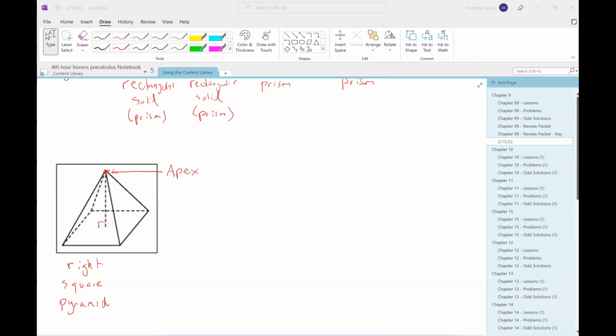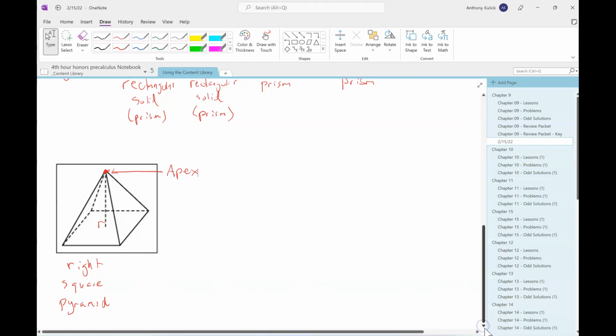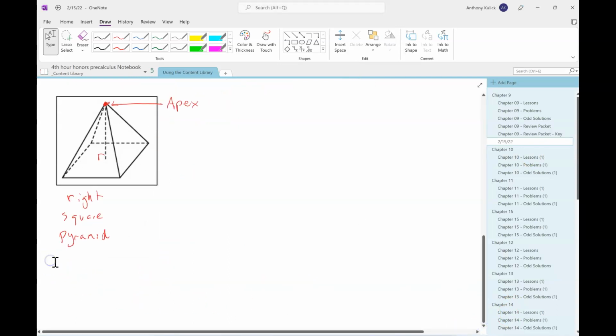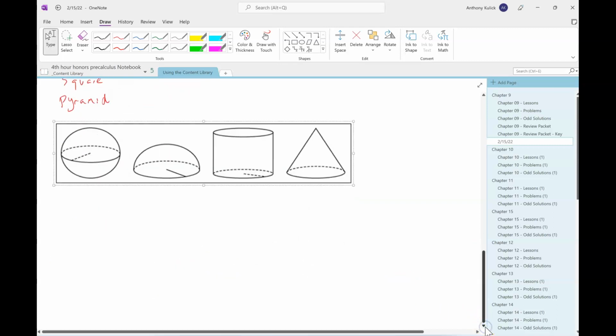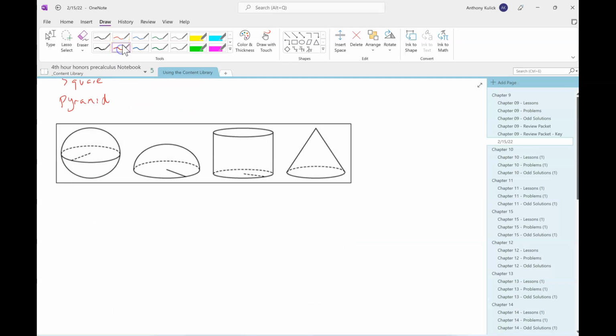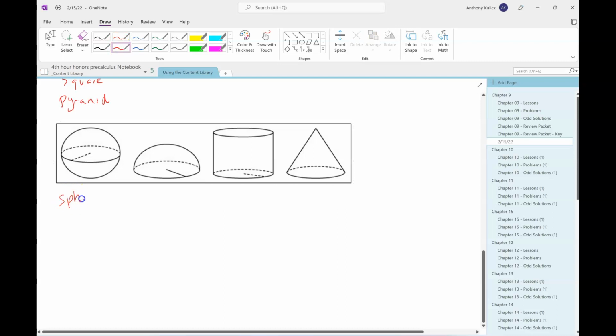Okay. Next round of pictures. All right, picture number one. What is that? Sphere. Picture number two. Hemisphere, yeah.